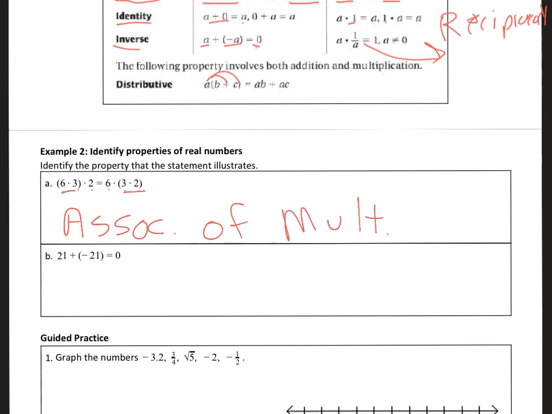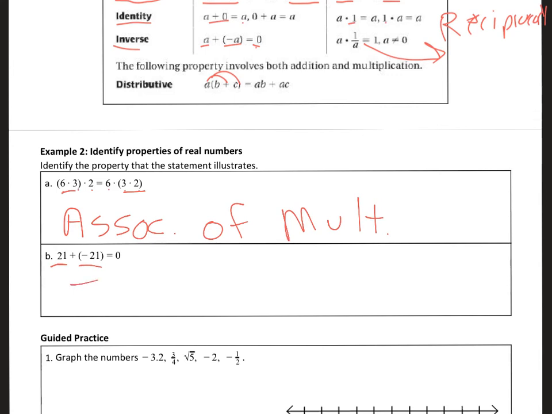So it's determining what property is being used when, right? Second one, part B, 21 plus negative 21 gives me 0. And I could reference our properties at the top, but these are additive inverses of each other.